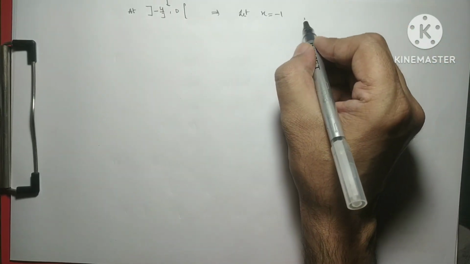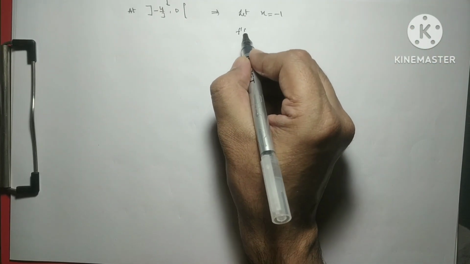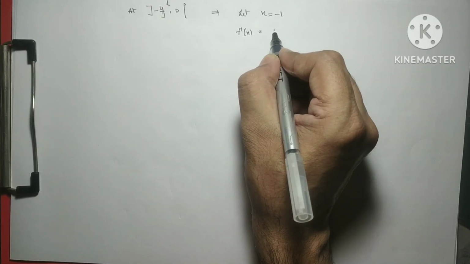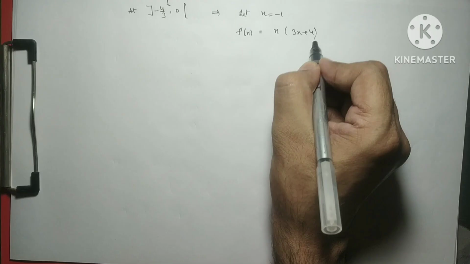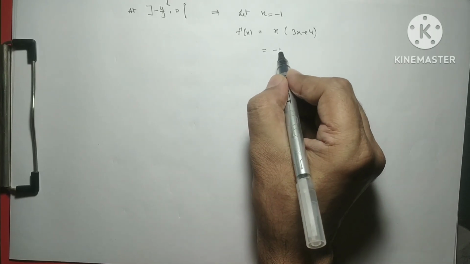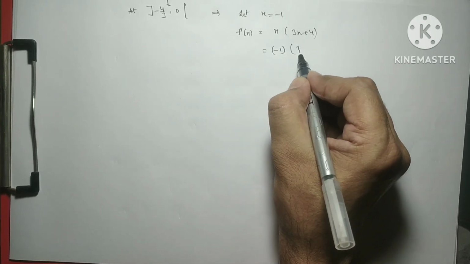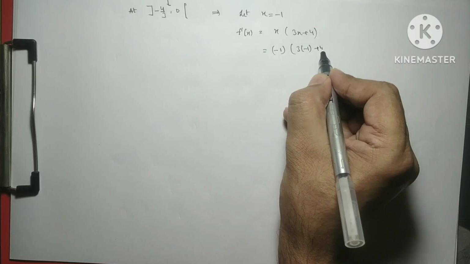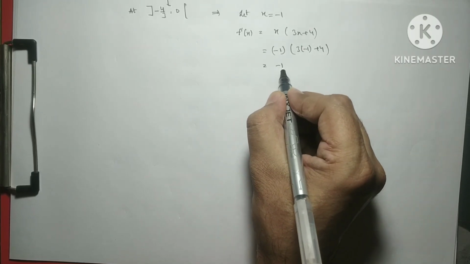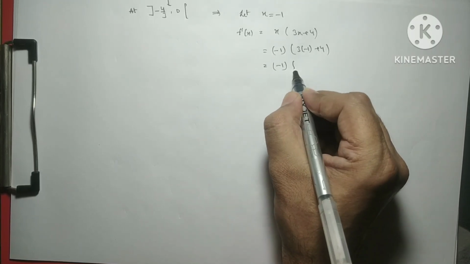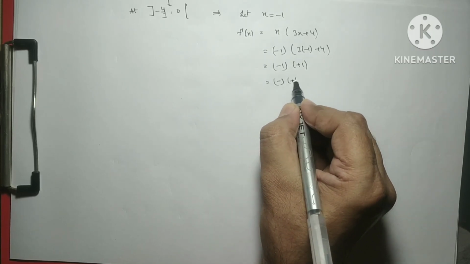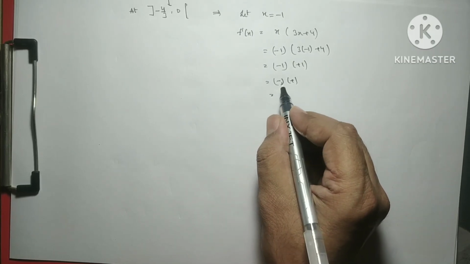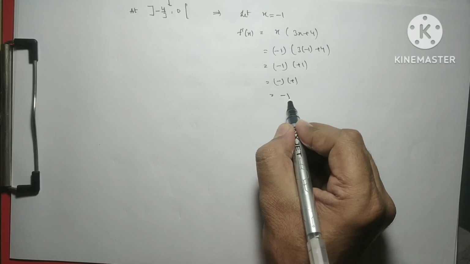When you put this in f dash x, which is x into 3x plus 4, we get minus 1 and 3 into minus 1 plus 4. So it is minus 1, and this is positive 1, and the result will be minus and positive. The product of a negative term and a positive term will be negative.